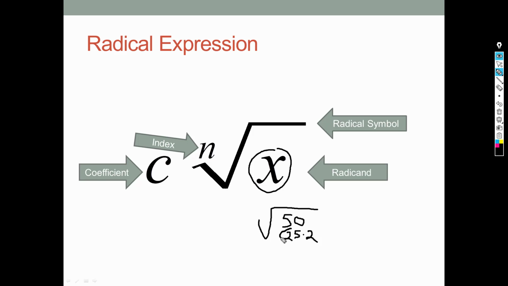So we have to take care of business here with this one. Or if it's a cube root, this would not be in simplest form if I have the cube root of 16, because 16 has a perfect cube factor. And there are some properties for radicals that will help you deal with that.